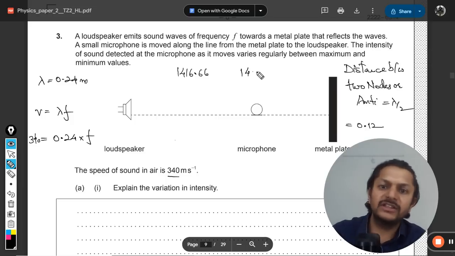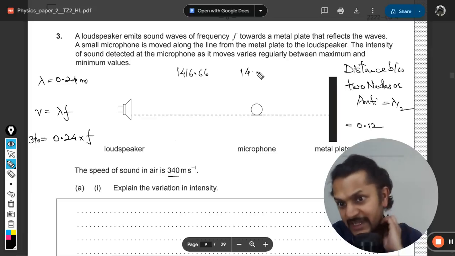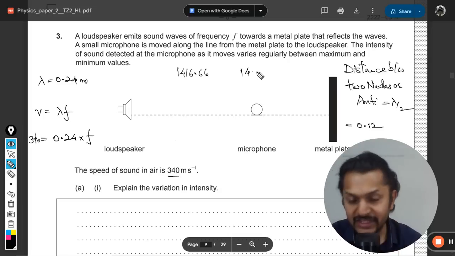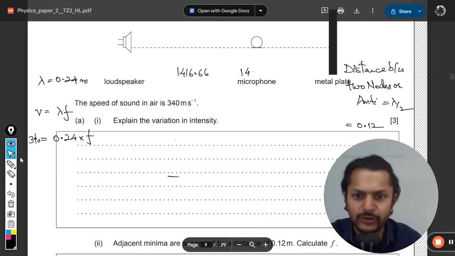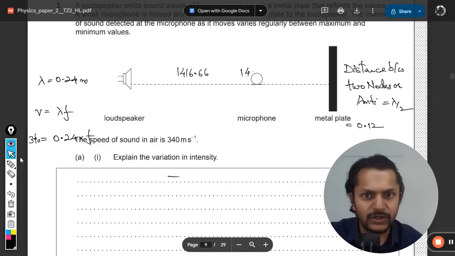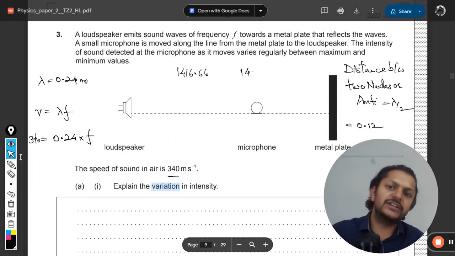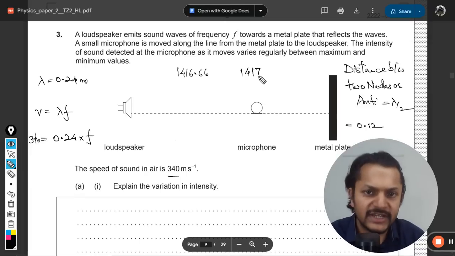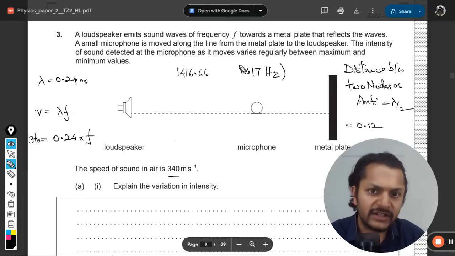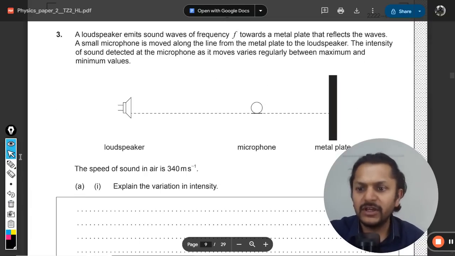The answer should be in two significant figures, but that is not given here. Okay, let me verify the units. Yeah, 0.12 meters. Yes, so this will be the answer, 1416 or 17 hertz. Let's see what they have given in the mark scheme.